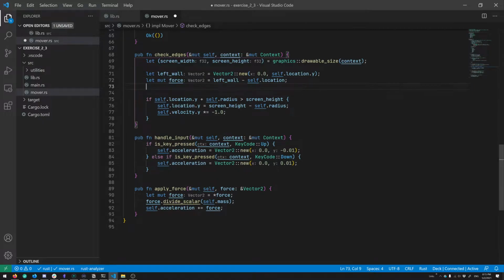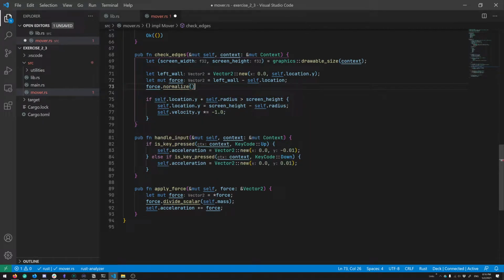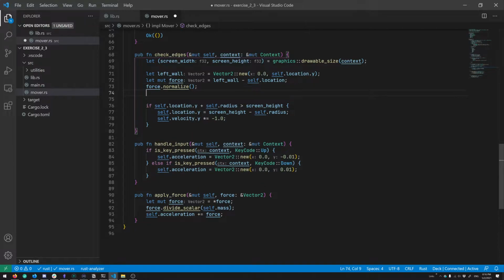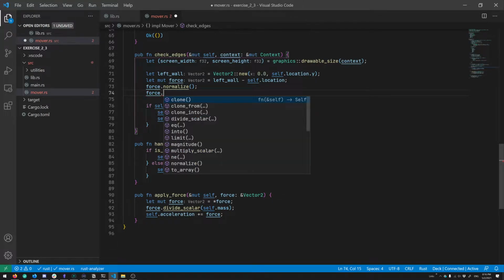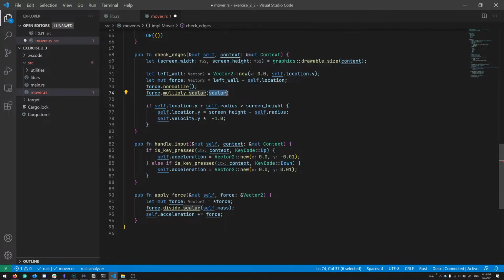Then we're going to normalize this: force normalize. And now we can scale this up by some amount: force dot multiply scalar, and we need some kind of scalar.